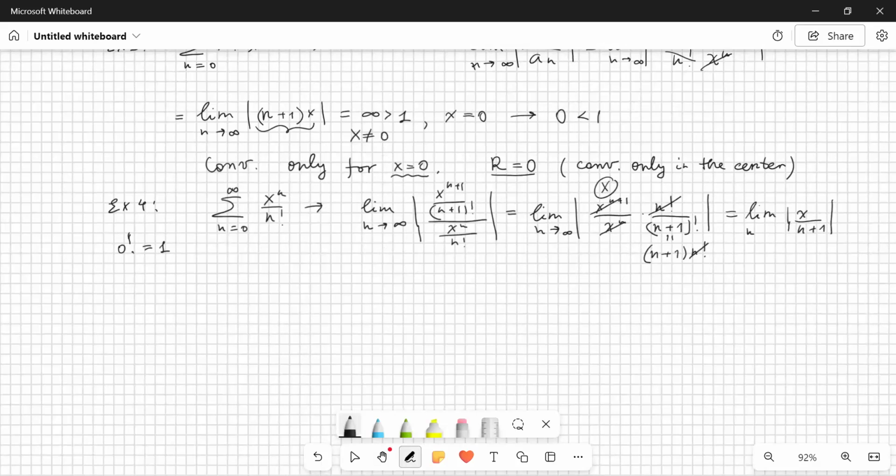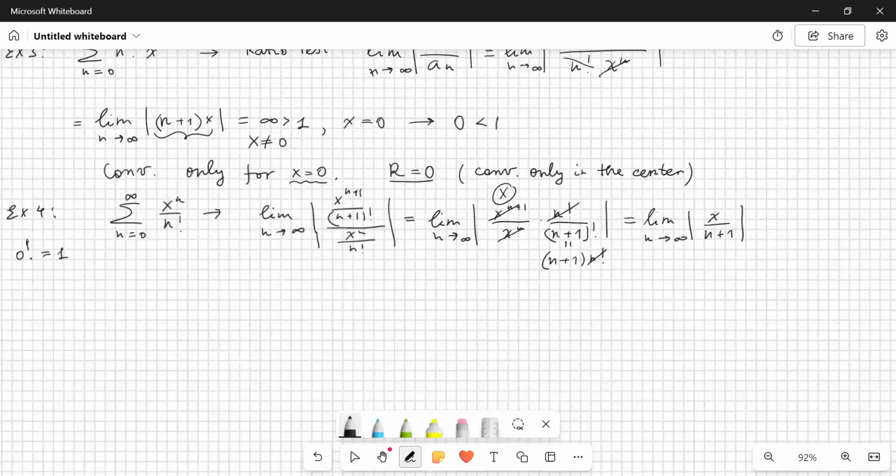Now, guys, this is going to be a special limit too. Why? Because x usually is going to be a given number, like you choose x equals 1 or 2 when you use your series, right? So no matter which number you have instead of x, when you bring the denominator to infinity, it's going to give you a limit which is equal to what? To 0. And 0 is always less than 1. So this series is going to be convergent for all x belonging to the real numbers.